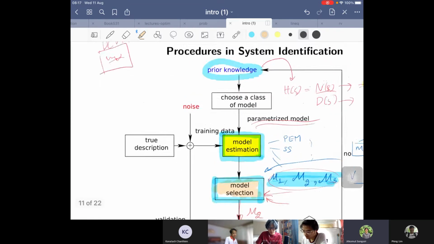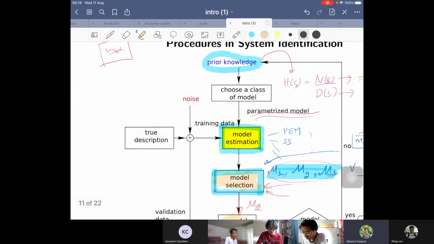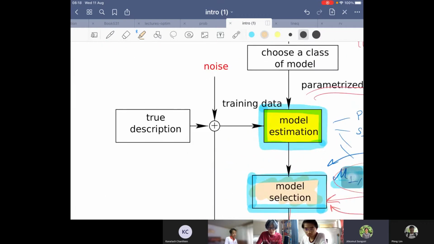Let me move to the left hand side. This is a true description. The true description means the real physical system. In this DC motor example, this is the physical motor system, the actual motor velocity.